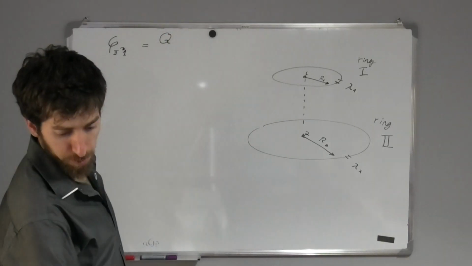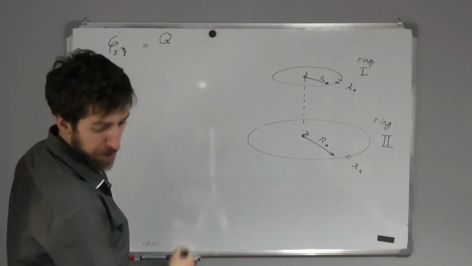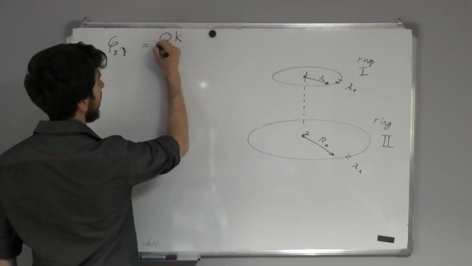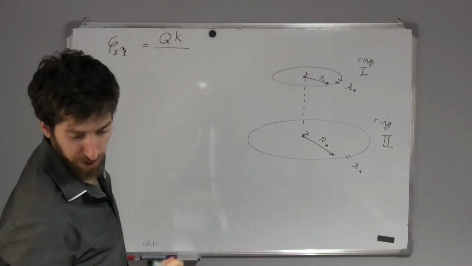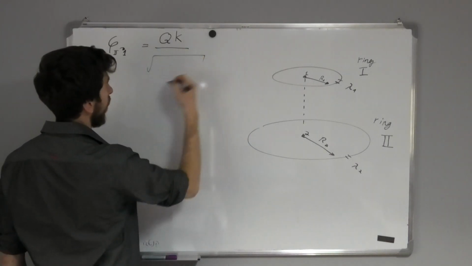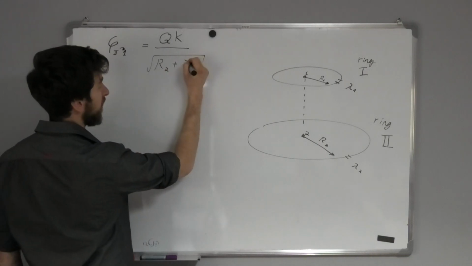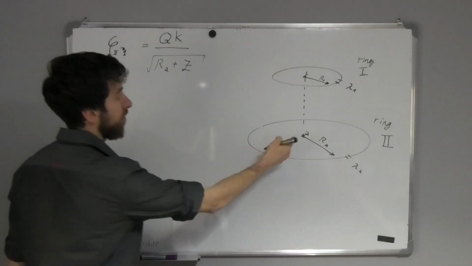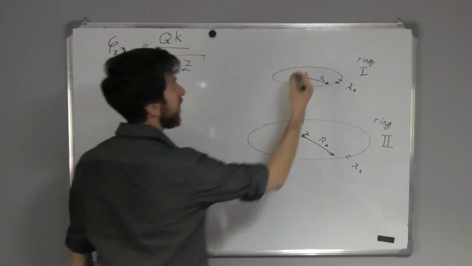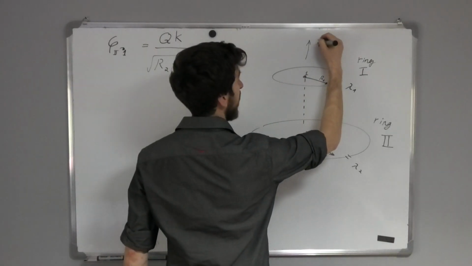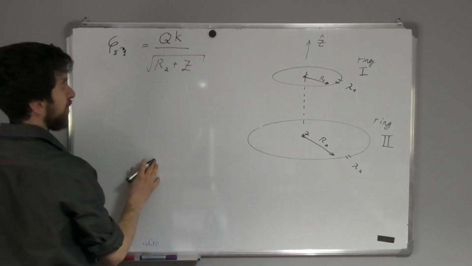The charge in the ring multiplied by k divided by the square root of the radius of the ring squared plus z squared, where z is the height above the ring. Let's draw this as the z-axis, okay?